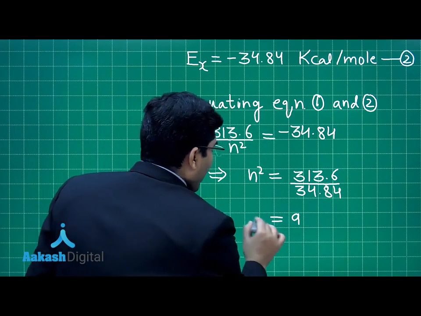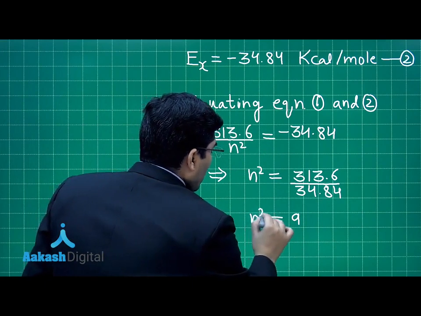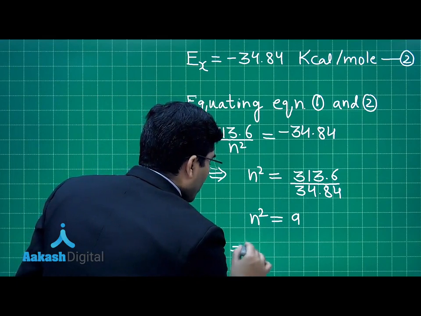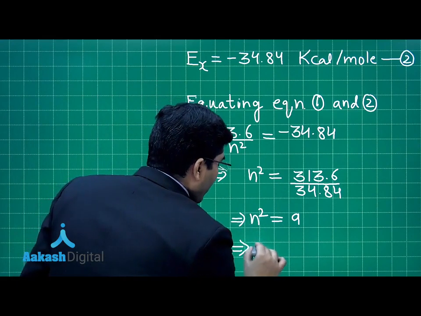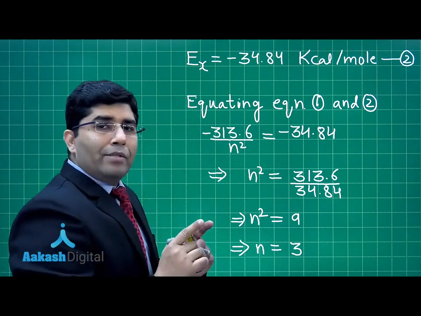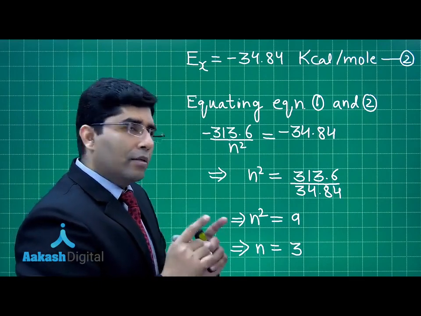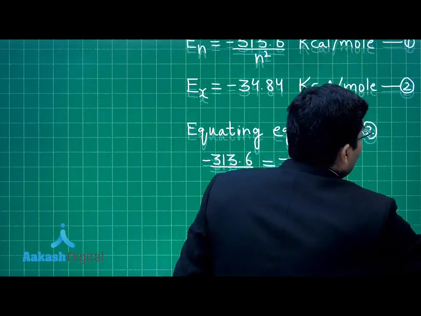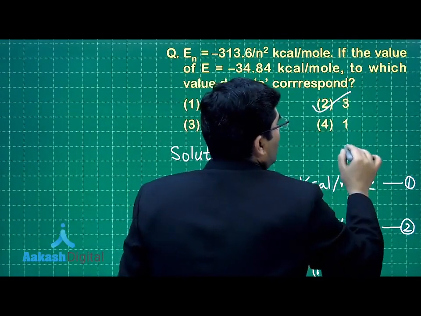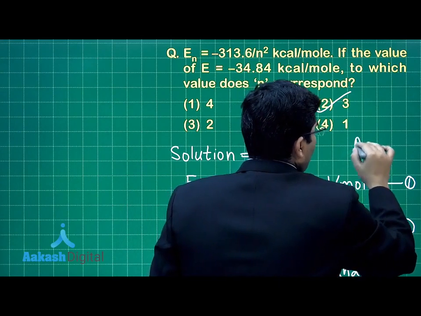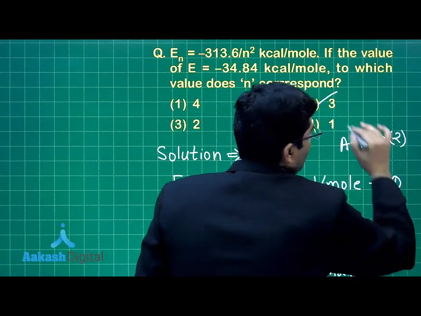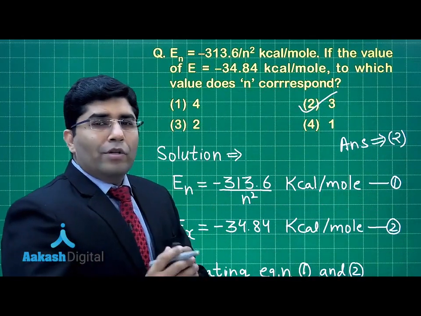So n square is equal to 9. Therefore the value of n will be equal to 3. It means that the shell number is third. So what are the options given to us? 4, 3, 2, 1. This is the correct option. So the answer is option number 2. So 2 is the final answer.